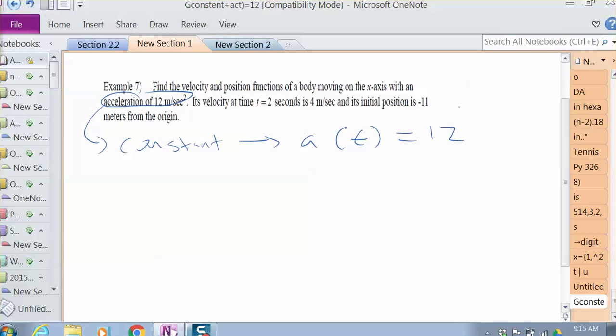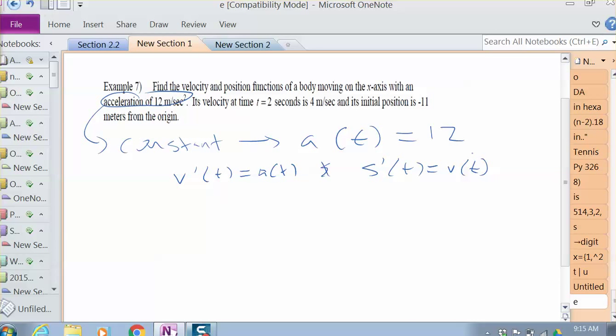So if we think carefully about this, we do know that v prime of t equals a of t, and that s prime of t equals v of t. So velocity happens to be the antiderivative of acceleration.